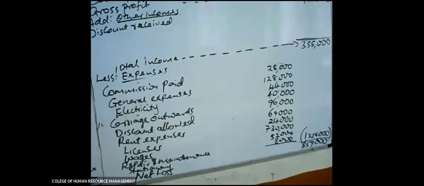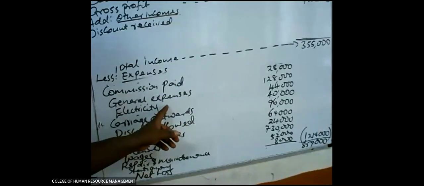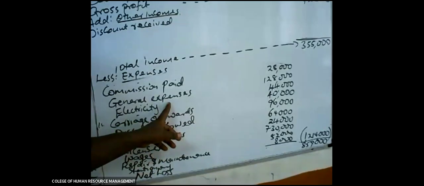Mwalimu, I have a question. What if there was prepaid insurance? Maybe, for example, it was prepaid general expenses, maybe 2,000. We could have just adjusted this figure.